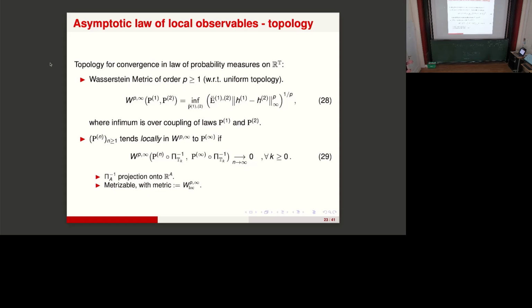So I'm going to be able to compare two fields on trees. So these are random vectors or random fields. And the Wasserstein distance is W_p infinity, the p-th order Wasserstein distance between 2 laws of fields on a tree. So we take a coupling of these 2 fields.